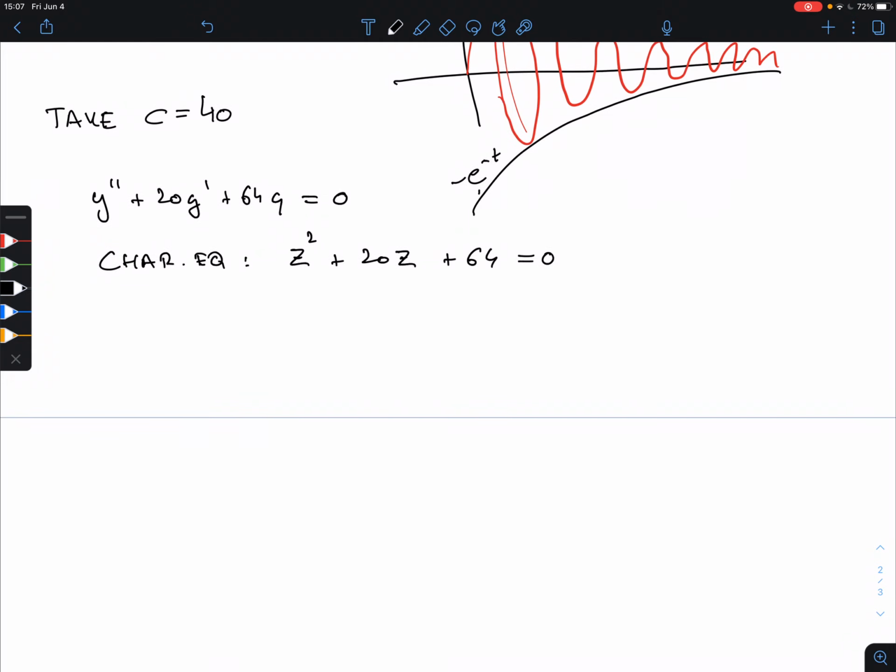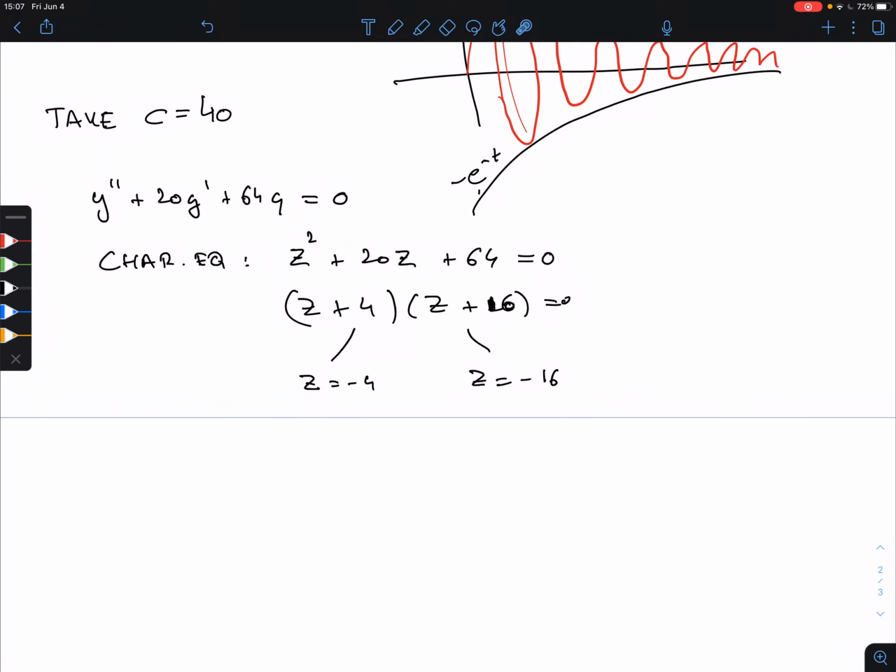Two numbers that add up to 20 and multiply to 64: z plus 4 times z plus 16. Sorry. 4 times 16 is 64, 4 plus 16 is 20, equal to 0. So we see two roots, z is negative 4 and z is negative 16.